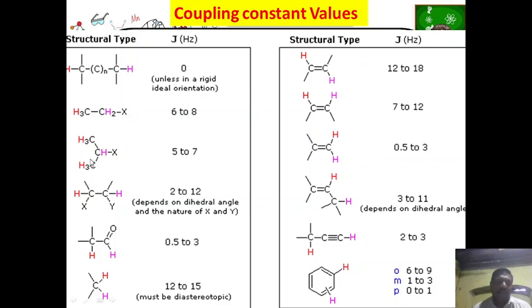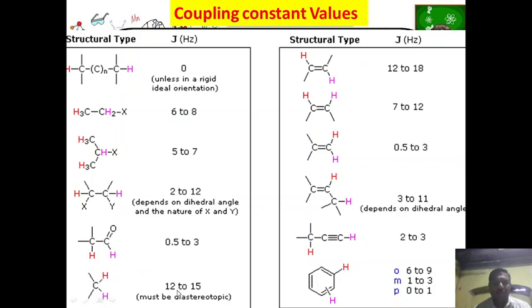Then this CH, there are two, also showing a coupling constant of 5 to 7. Then for X and Y, this hydrogen shows a coupling constant of 2 to 12, depending upon the dihedral angle and the nature of X and Y. The aldehydic proton shows 0.5 to 3.